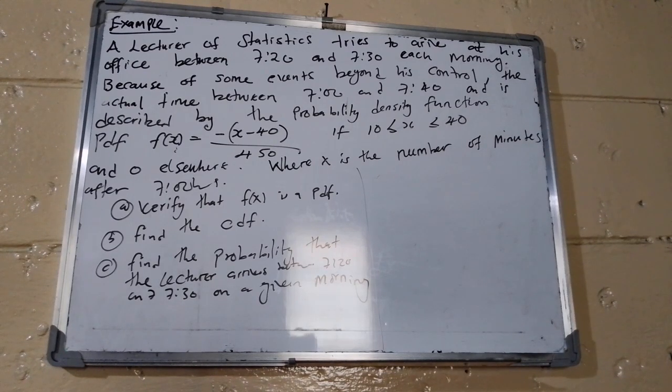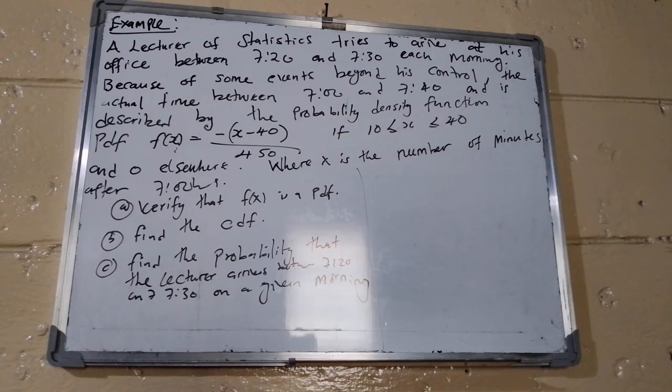Okay, so we have an example written for us there. What is the example saying? I'll read it and we're going to follow through. The question says, a lecturer of statistics tries to arrive at his office between 7:20 hours and 7:30 hours each morning.